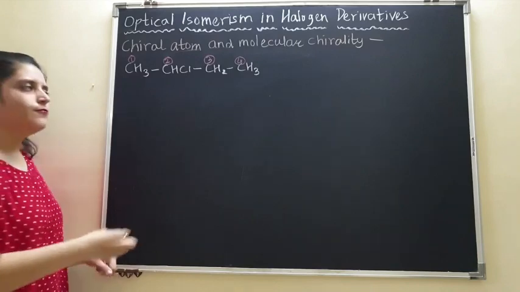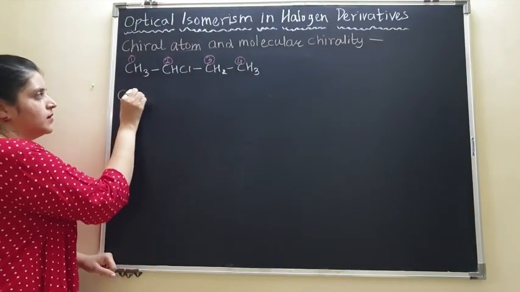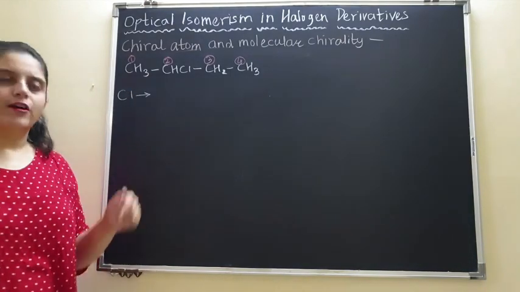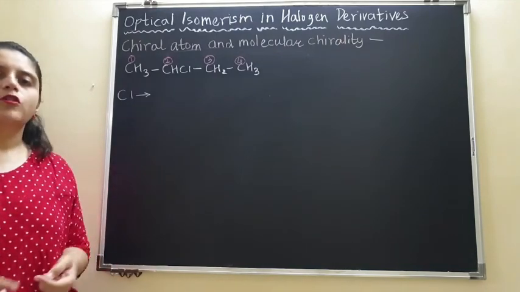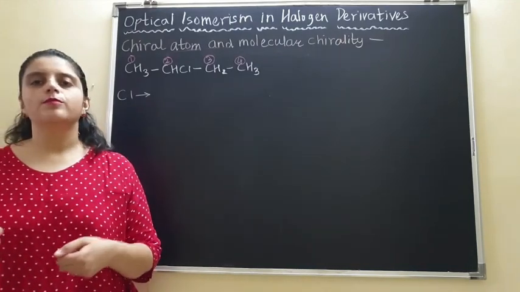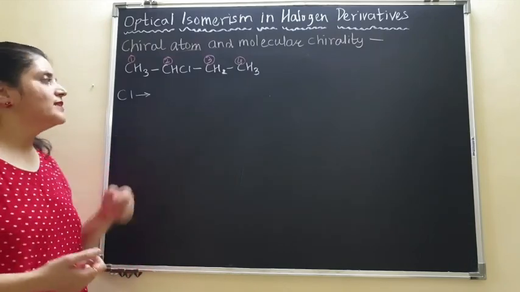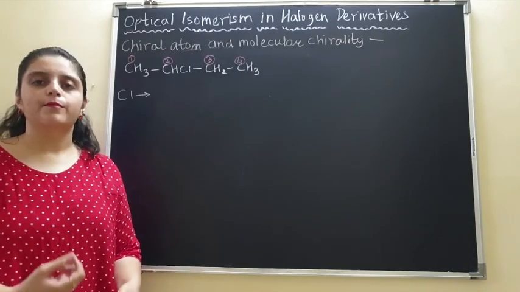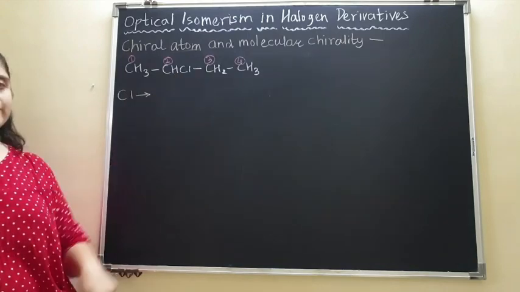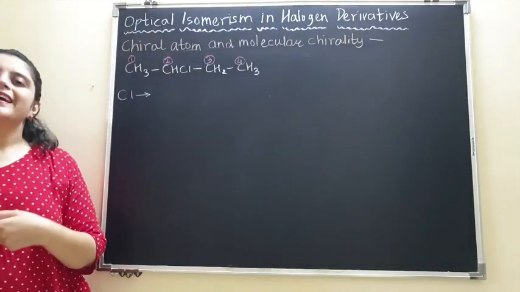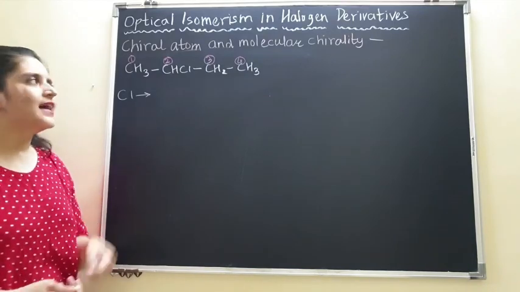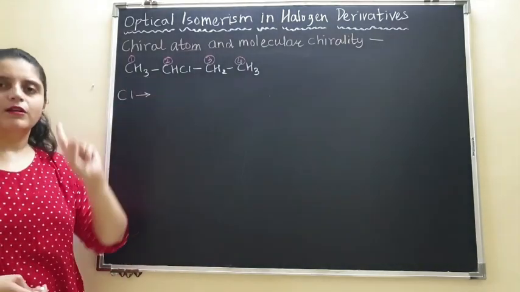Now let us start with the first carbon. I am representing the first carbon with C1, and you know that around each carbon there have to be 4 bonds. So now let us see which are the 4 different bonds present around each of these carbons. If you look at the first carbon, it is written as CH3. So it is obvious that there are 3 hydrogens around the first carbon.